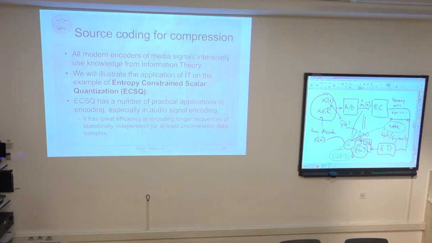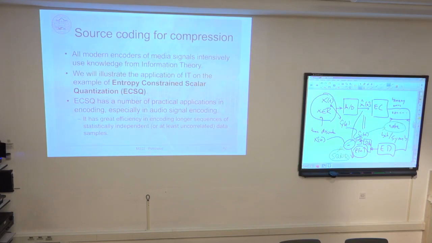So the idea is, I have a scalar quantizer, so the input signal is a scalar signal only. It is not a vector. Sometimes it is much more effective to encode the signal as a vector. But in our case, we have individual scalar values for each time sample. So we have a scalar source, and this scalar source is then quantized with a simple PCM quantizer as we have described before.